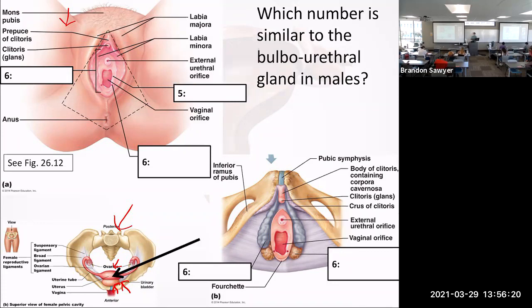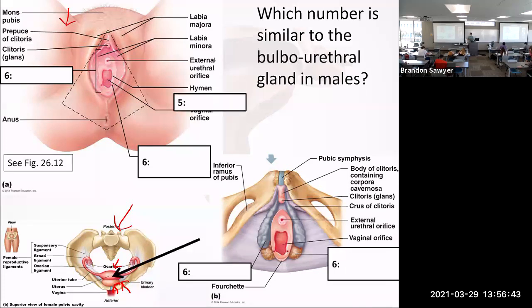Number 4 is the external urethral orifice, so that's where the urethra exits. One major difference between males and females in reproductive anatomy is there's no shared space between the urinary system and the reproductive system in females as there is in males. Some of the tubing was shared in males, but in females it's not.